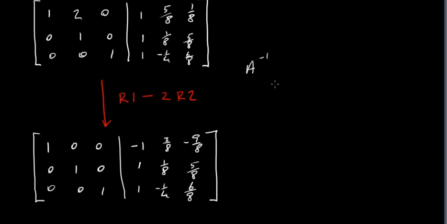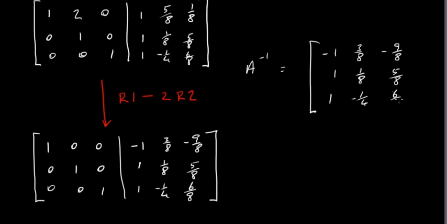You write it like this, A inverse, and that would be equal to this one here: minus 1, 3/8, minus 9/8, 1, 1/8, 5/8, and 1 minus 1/4, and 6/8 here. So that's our A inverse.